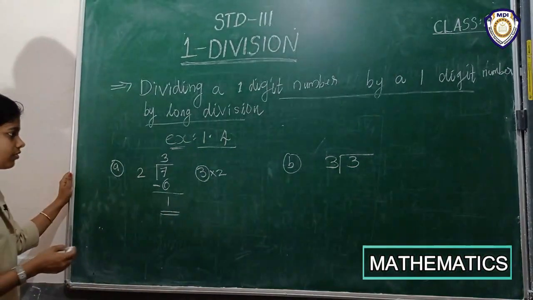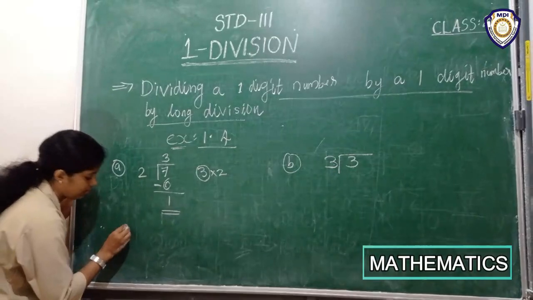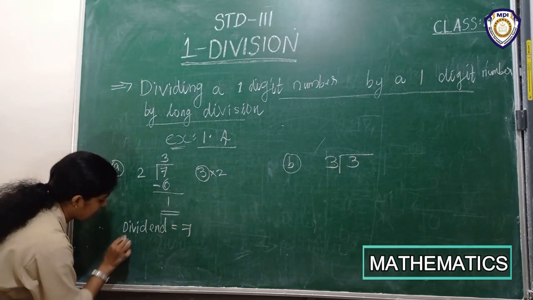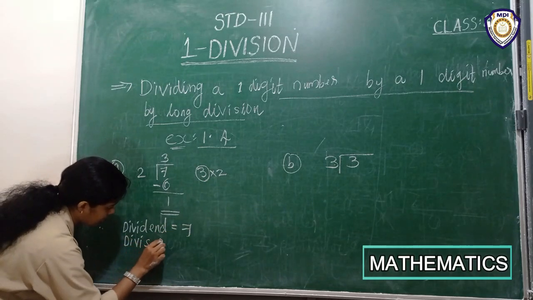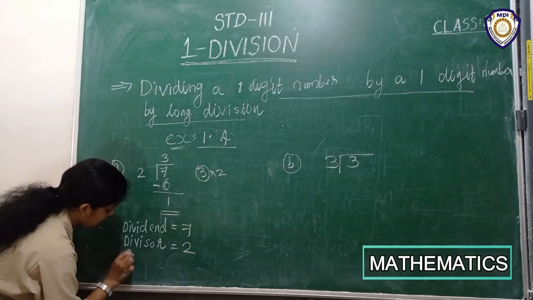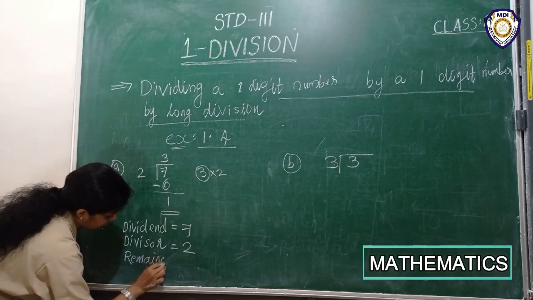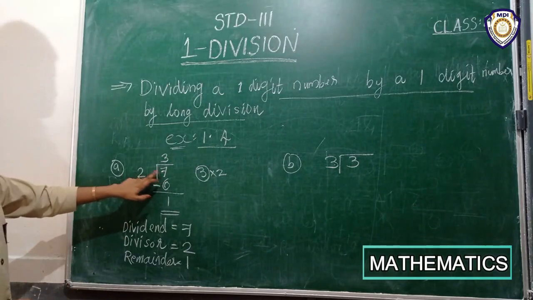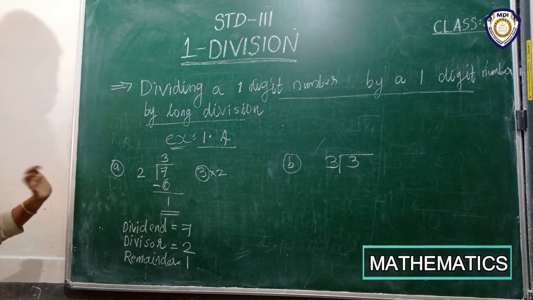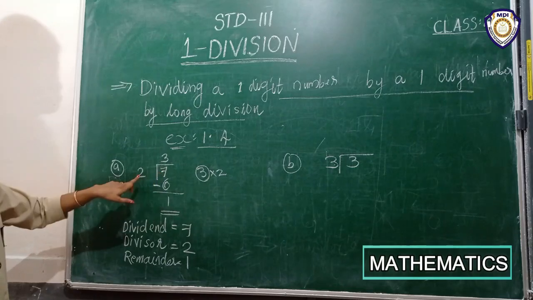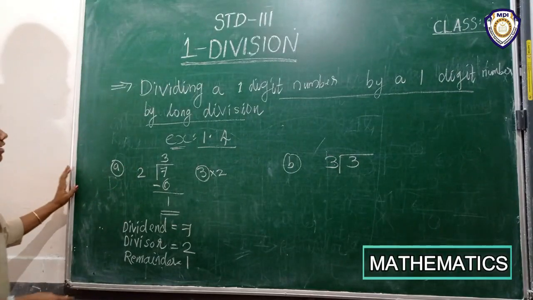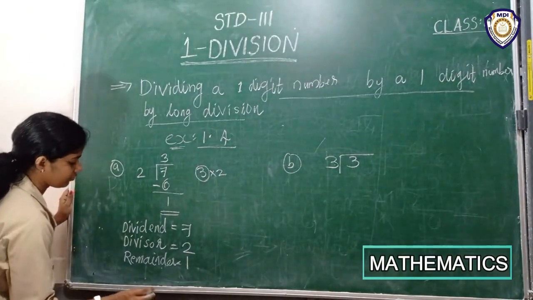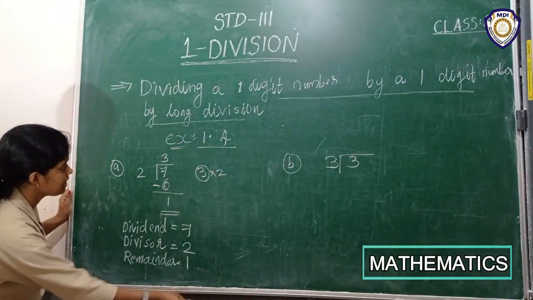Here the dividend is 7, the divisor is 2, the quotient is 3, and the remainder is 1.